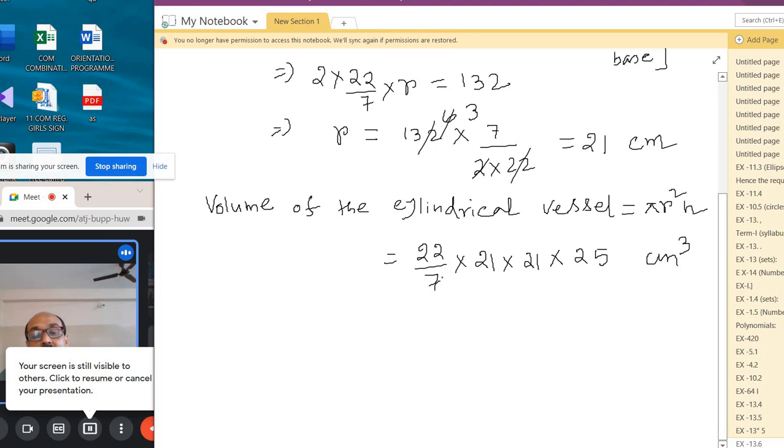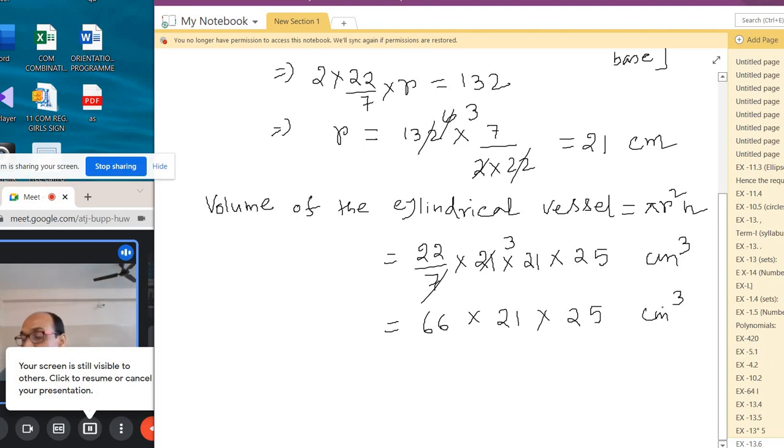Calculate this now. 7 3s are 21. Now 22 into 3 is 66, into 21 into 25 centimeter cube.